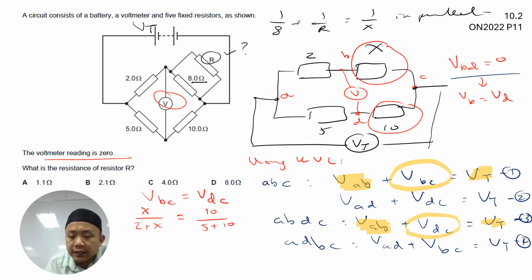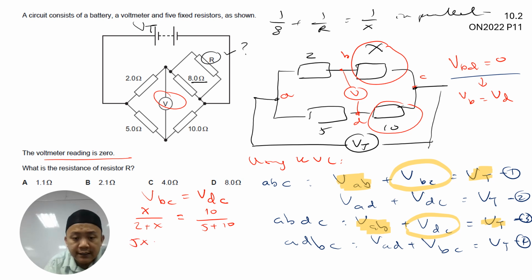This is the potential divider formula, where you can get the value of the potential difference directly from the values of the resistance, rather than having to calculate the current manually and so on. So here you just solve the simultaneous equation.